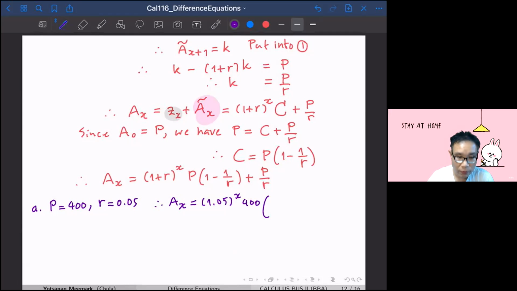So 1 over r will be 20. So you get p equal to 400. Okay, so 1 minus 1 over r.